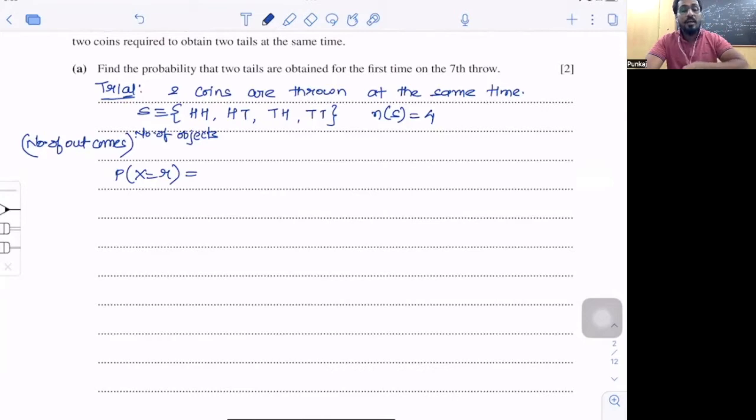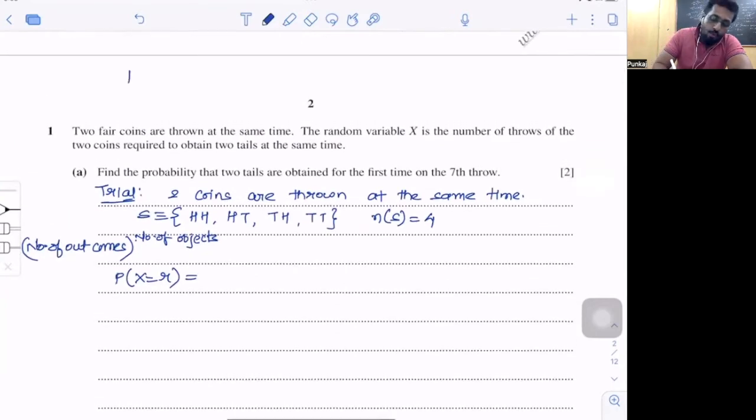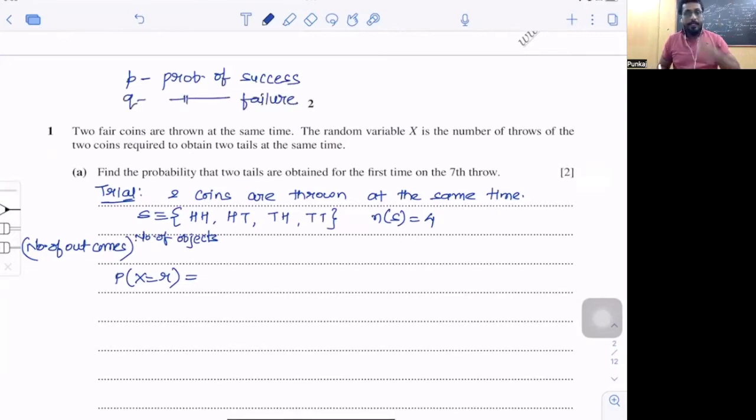We have experienced a failure. So what's the probability of failure and what's the probability of success? So if I denote small letter p, so that's the probability of success, and the small letter q is the probability of failure, right, students?